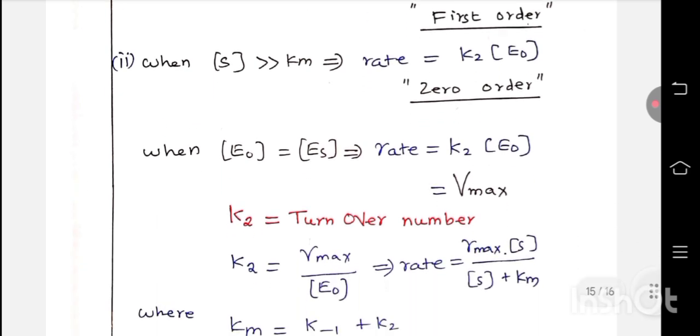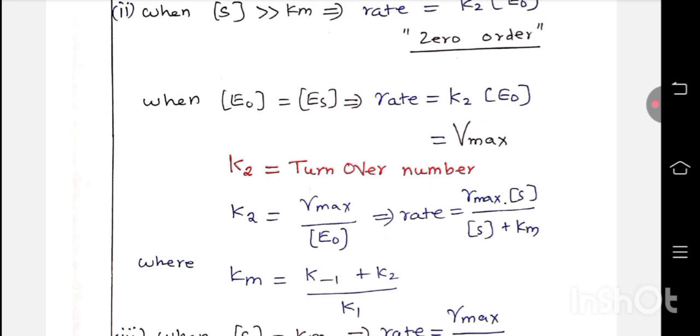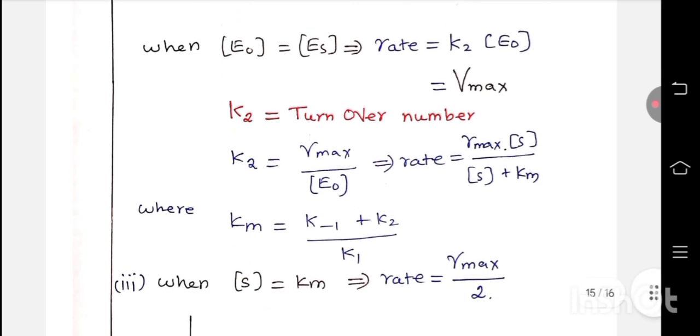When E naught equal to S, rate equal to k2 E naught. This is also called Vmax. This k2 is called the turnover number, a catalytic efficiency term. Therefore k2 equal to R max or Vmax divided by E naught.